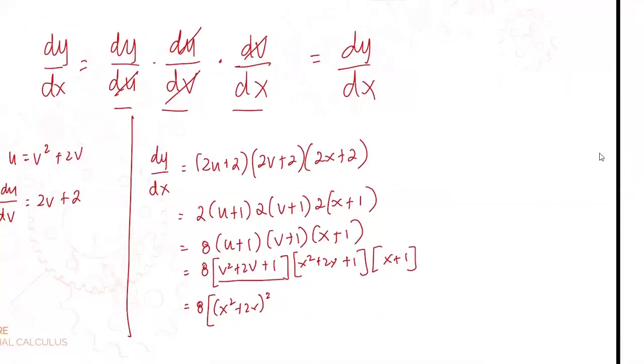Squared, plus 2, then x squared plus 2x plus 1, times x squared plus 2x plus 1, and then x plus 1.